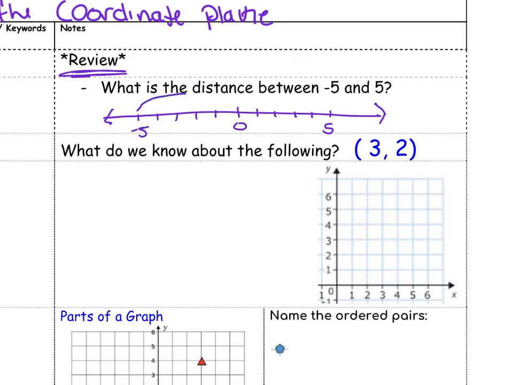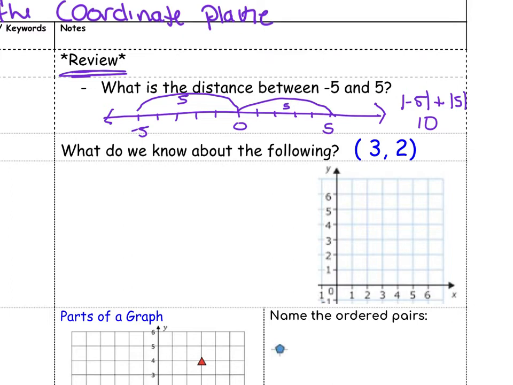So from -5 to 5, that absolute value is 5, so that's the distance. And from 0 to 5, that absolute value is 5. So an easy way for us to do this is take the absolute value of -5 plus the absolute value of 5 to get the distance between them, which is 10.